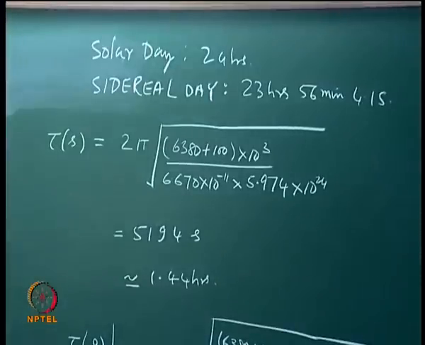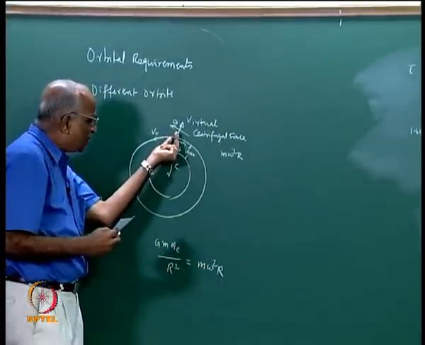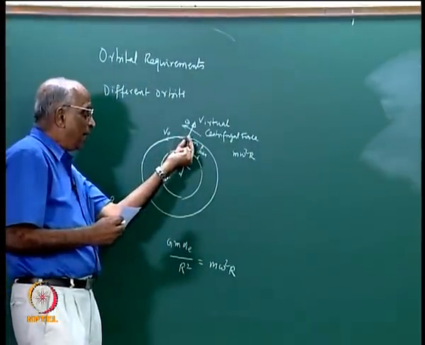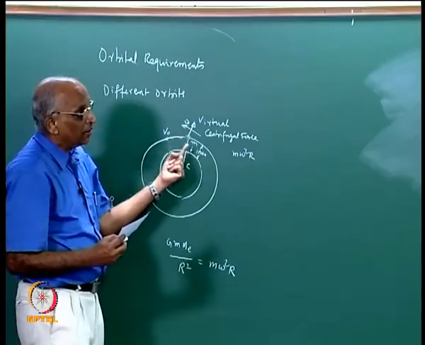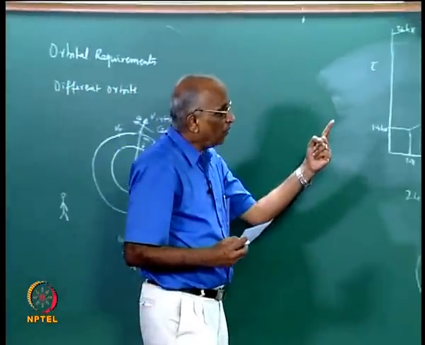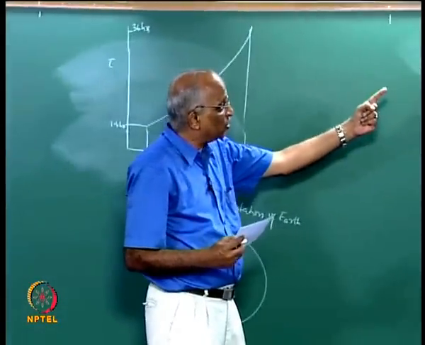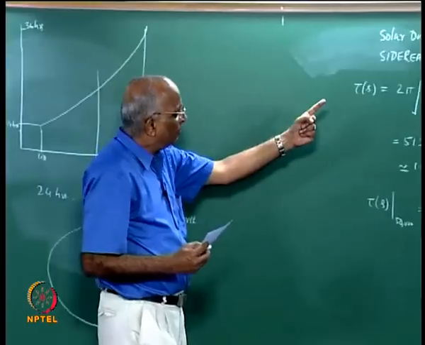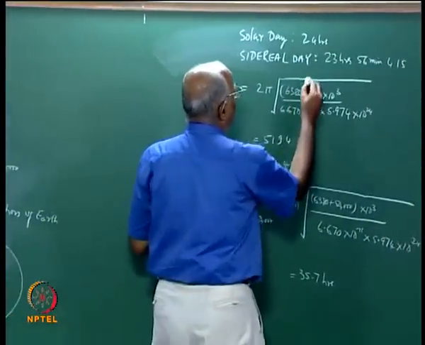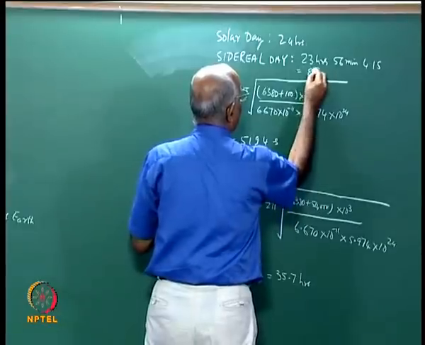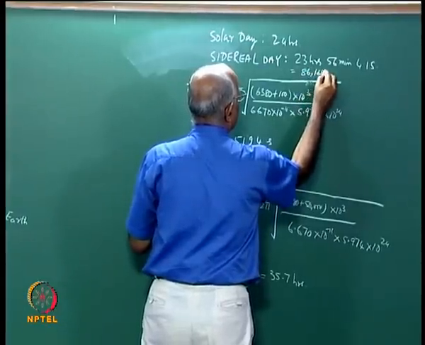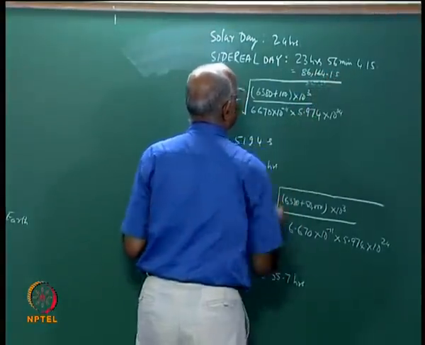Therefore, whenever we say one rotation, the earth is rotating on its axis and also revolving, and therefore one rotation corresponds not to one solar day but to what we call a sidereal day, which is 23 hours 56 minutes, and this works out to be equal to 86,164.1 seconds.